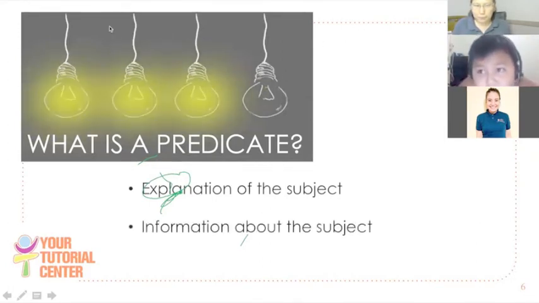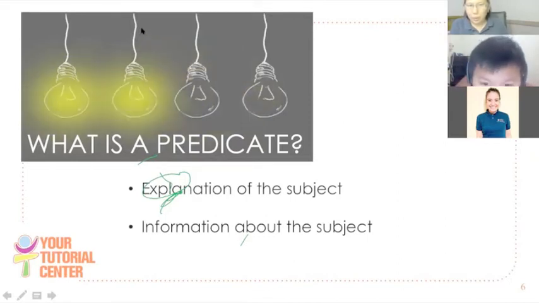It's not only what you're talking about, but it's also information about the subject. Yes. There is an explanation, or information, about the subject. So you put the two of them together.